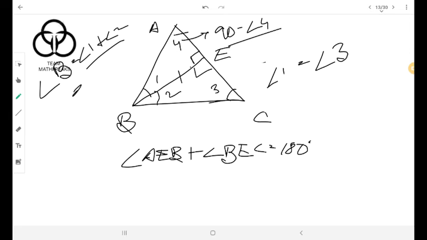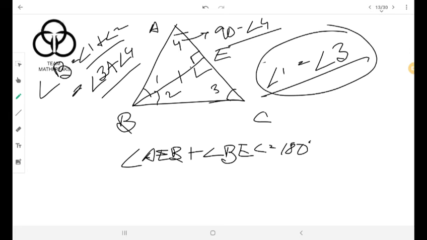So angle B can also be written as angle 3 plus angle 4. You just think, what is the sum of angle 3 and angle 4? Because angle 1 equals angle 3. Is it okay? Angle 1 equals angle 3.